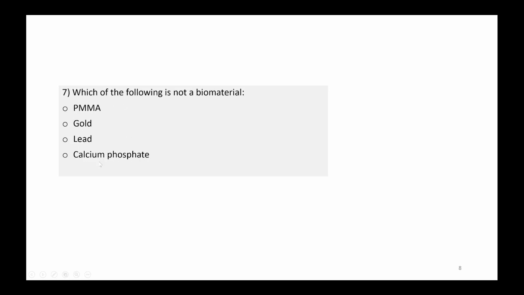Out of these, which one do you think is not a biomaterial? So the answer will be lead. We know that biomaterials can be defined as the materials which can be used as body implants or as bone implants, dental implants, etc. Out of these, lead is toxic in nature.